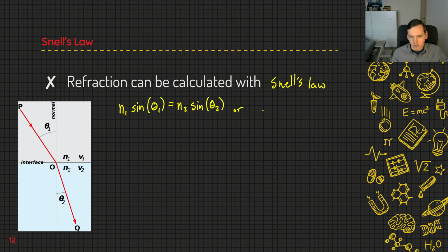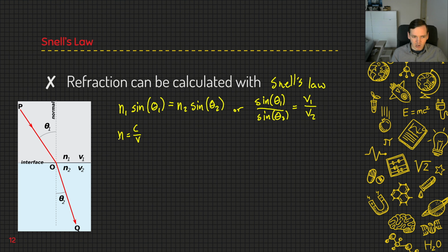Or sometimes you see it as sine of the angle in one medium divided by sine of the angle in another medium is equal to the velocity in one medium divided by the velocity in the second. Both of these are the same because n is equal to c over v, so you can plug in this, cancel the speed of light, and then cross multiply the velocities, divide the sines to get that.